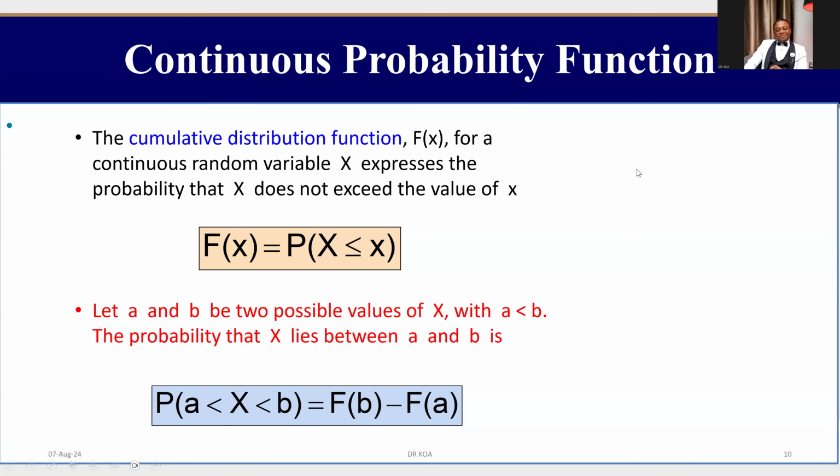Watch this section here. The probability of X is less than a particular number.